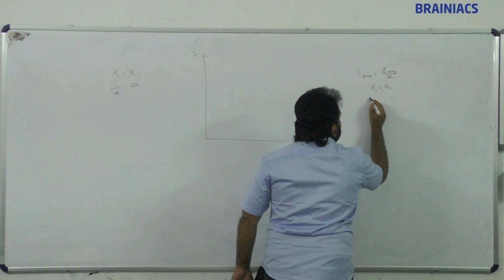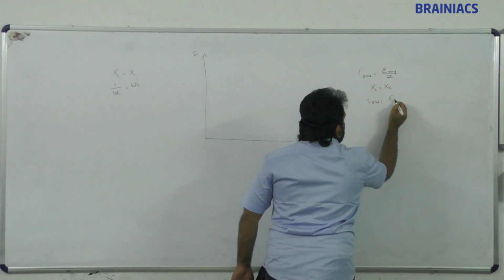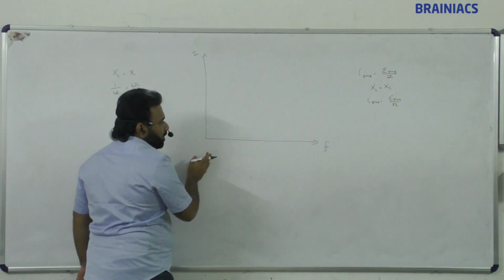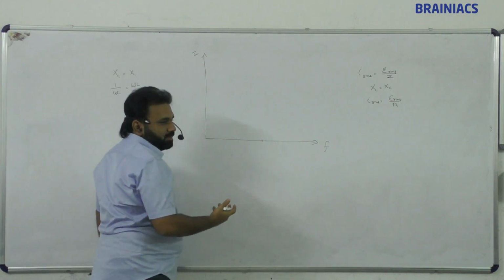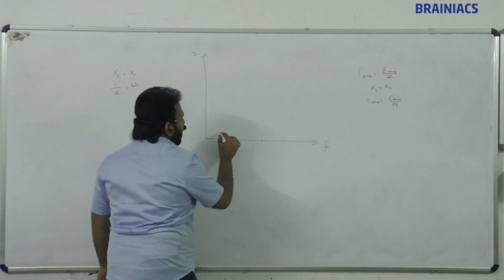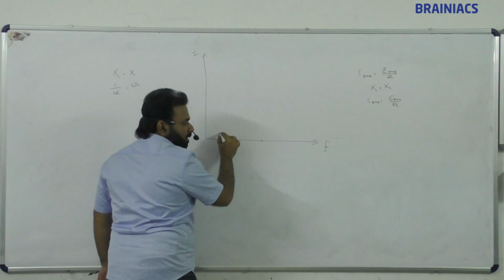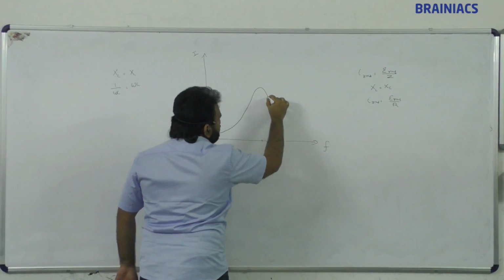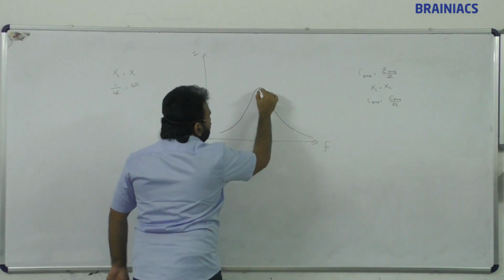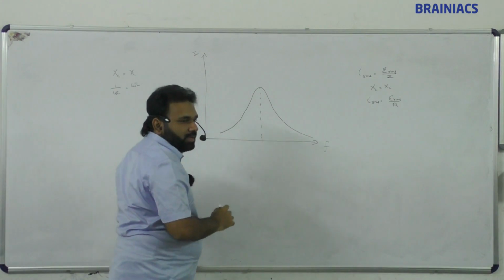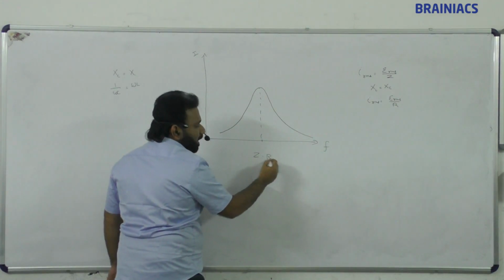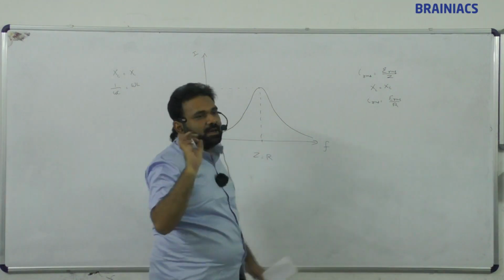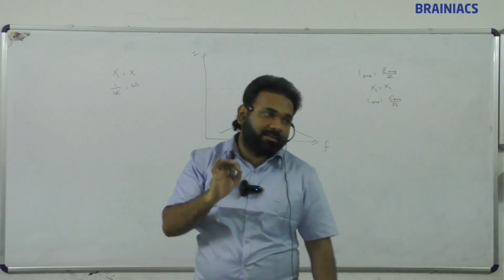XL is equal to XC means IRMS will become ERMS divided by R. Only certain frequencies are resonant frequencies. The value of current will be less away from it, but the current will increase towards the resonant frequency, and at the resonant frequency we will have Z equal to only R and very good quality current. Quality current means quality signal.